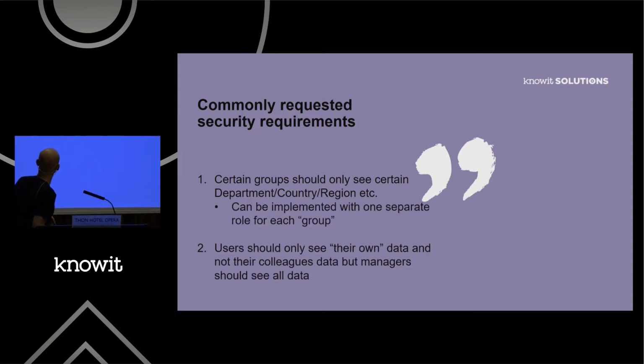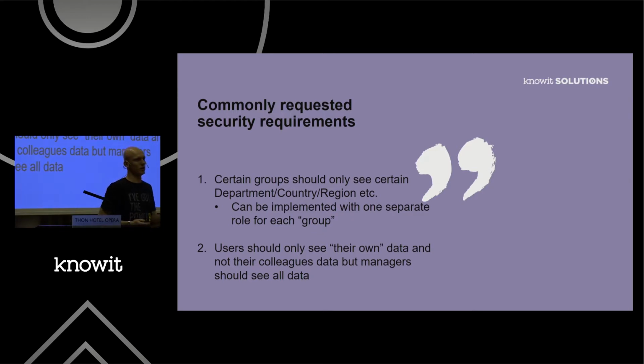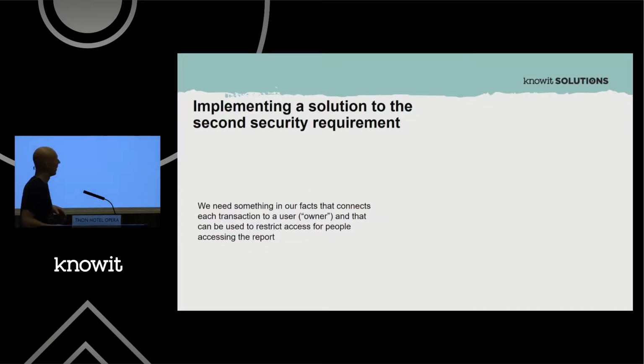But what about the second requirement? It wouldn't be a good solution to suggest that we should have one group for each of our possible users, because that's very, very impractical. So we need to come up with a way to restrict the data with only one role or a couple of roles.